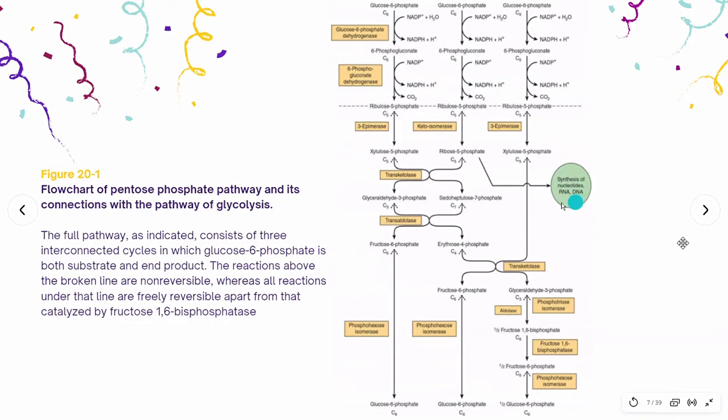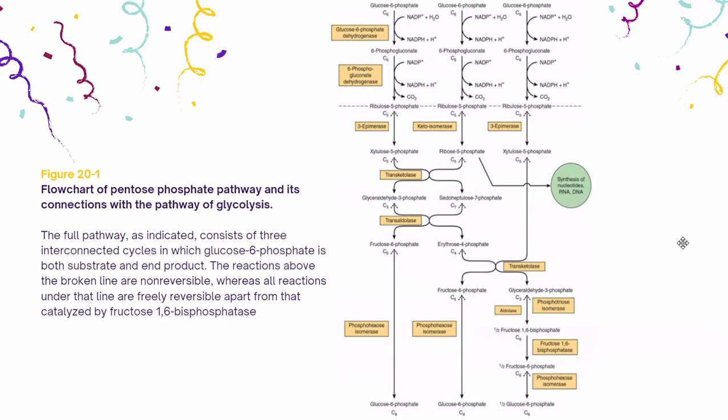Did you see that? And some portions unite with xylulose 5-phosphate and ribose 5-phosphate to produce glyceraldehyde 3-phosphate and sedoheptulose. Sedoheptulose. Okay? Sedoheptulose is 7 carbon.